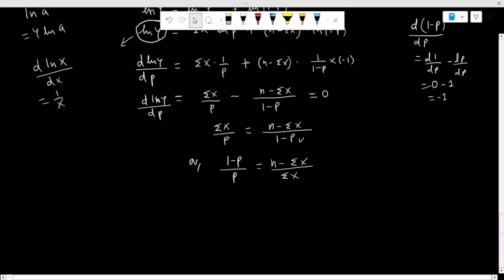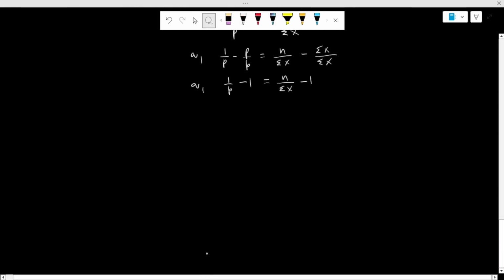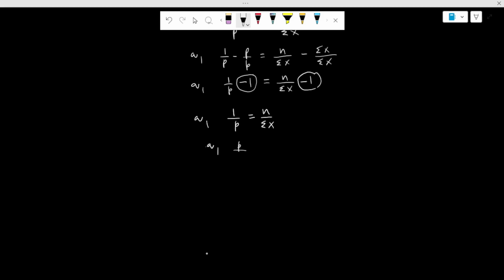Simply we have changed their position, and let us separate them, and now let us apply the axiom of equality. So we have minus 1 on both sides, and if we apply the invertendo, p divided by 1 should be equal to summation x divided by n. Therefore this is our maximum likelihood estimator.